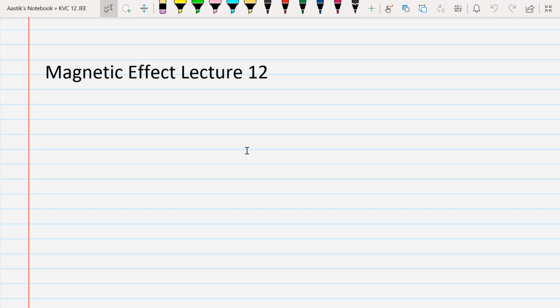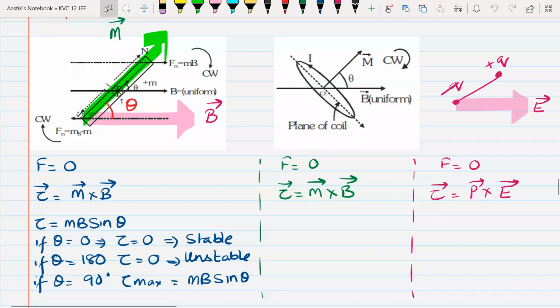In the last class, we had seen yet again the similarities between electric dipole and a magnetic dipole. We had also seen the similarity between a current carrying coil and a magnetic dipole. Everything is similar.